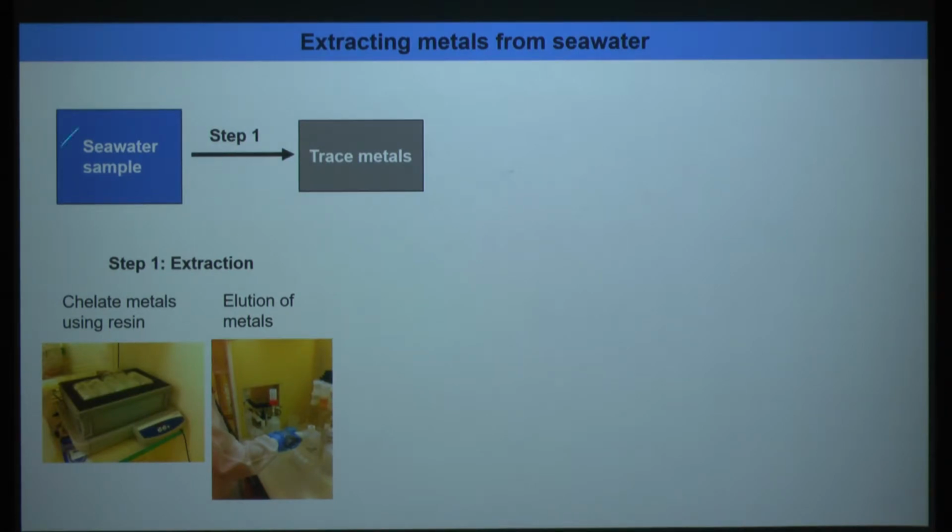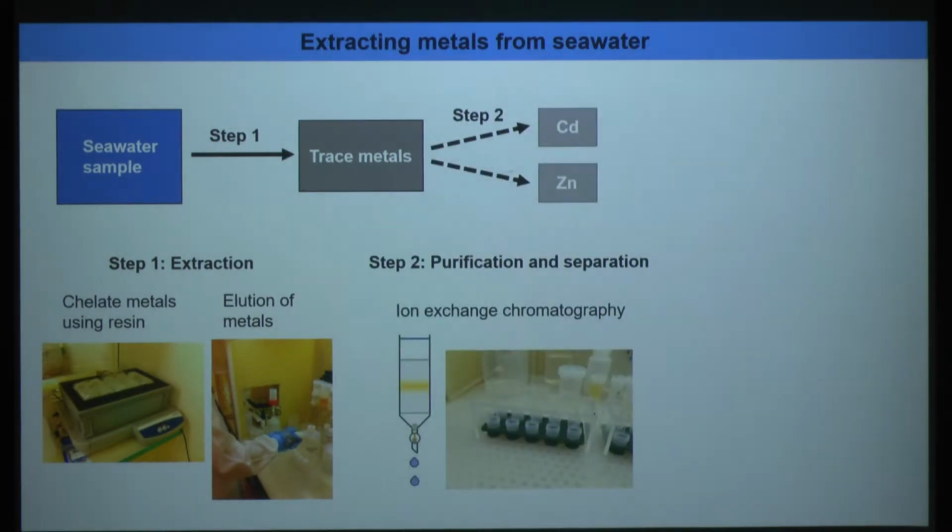So after we have collected our seawater sample, the first step is to extract the trace metals. So we want to get rid of all the salt mainly. And to do this, we use a resin that chelates the metals, but none of the salts, or almost none of the salts. And then you would elute the metals from the resin, and you can discard the rest of the seawater. This is pretty nice. The next step is you want to clean up the metals you are interested in. So you would do some ion exchange chromatography.